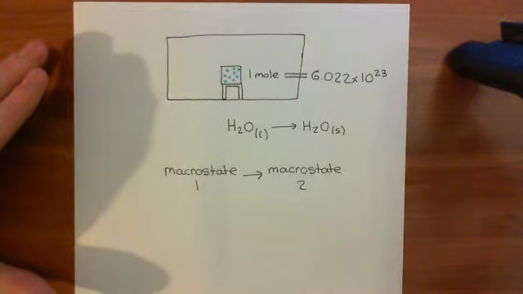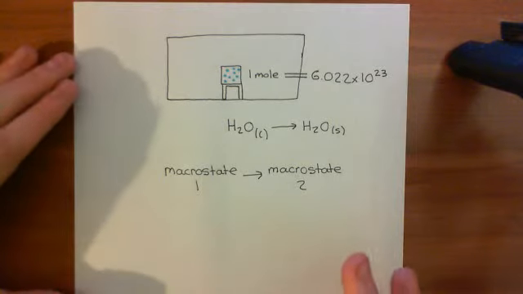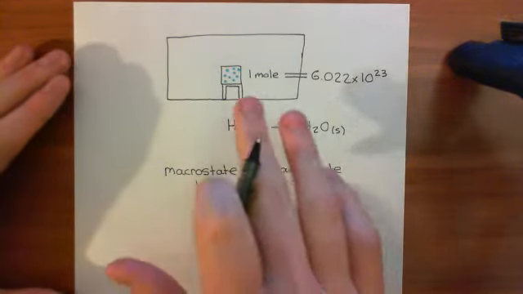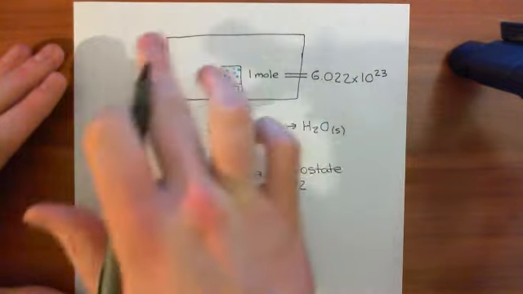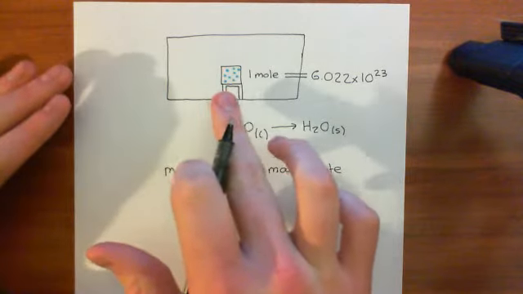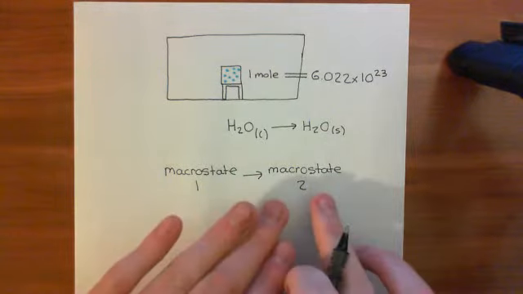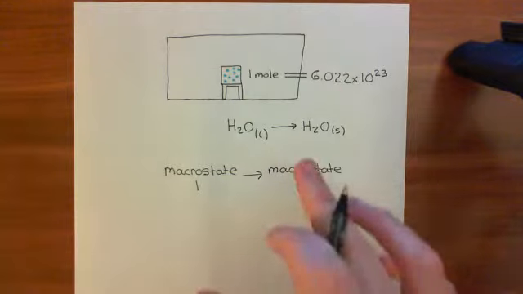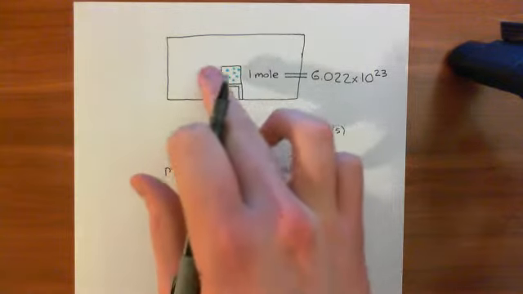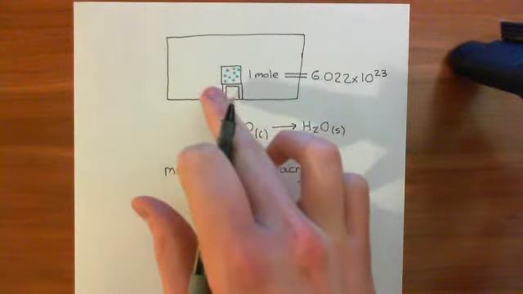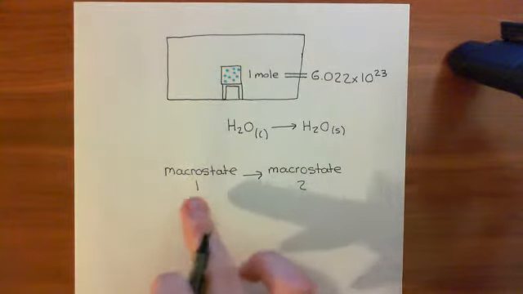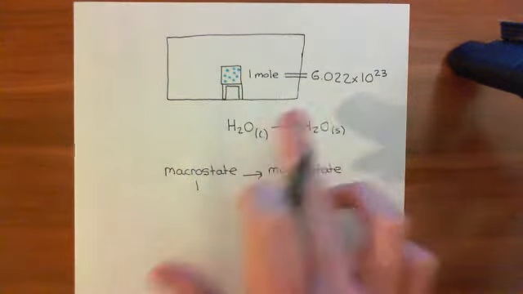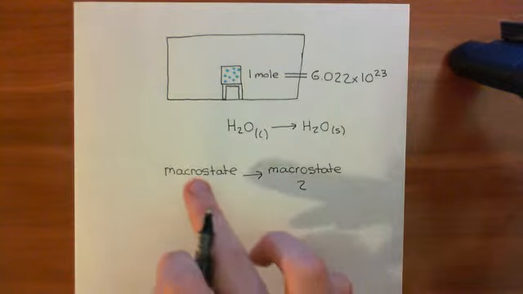We want to now try and justify this, because you might think, how on earth is water turning to ice going to increase entropy? Let's just outline what macrostate 1 and macrostate 2 are. Macrostate 1 is that we have the water molecules as water in this room that's below 0 degrees Celsius.